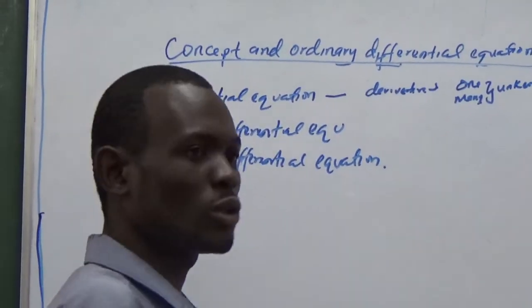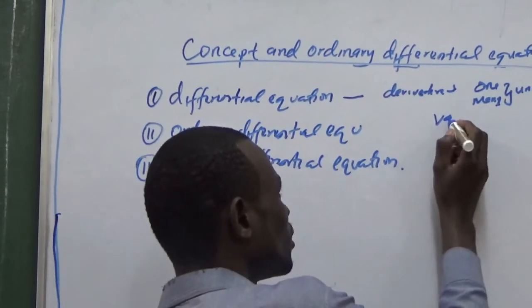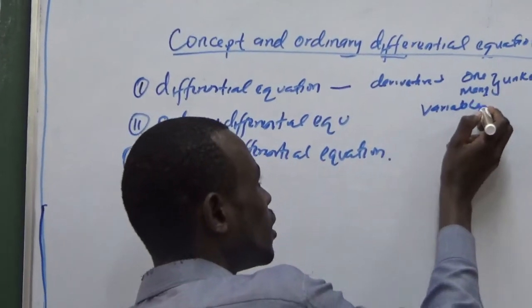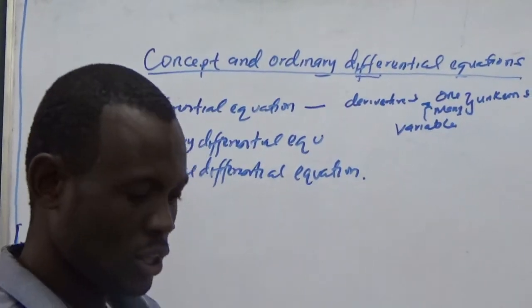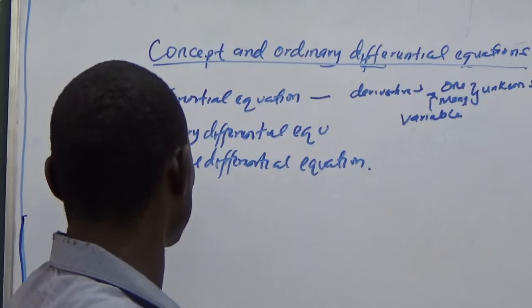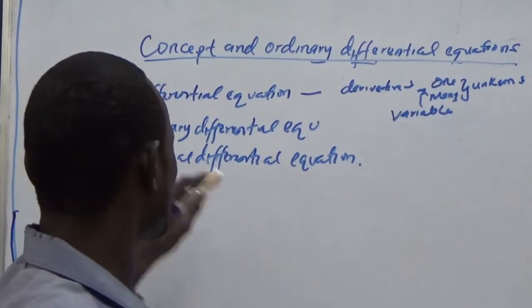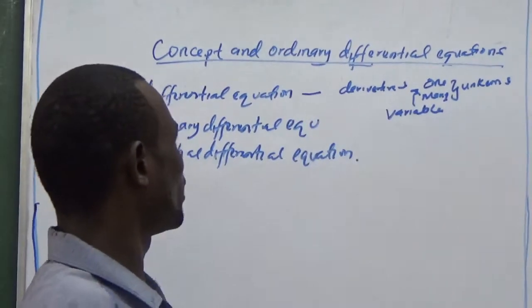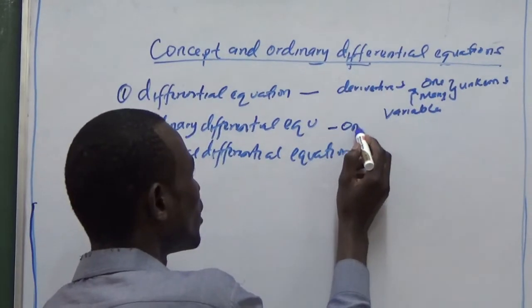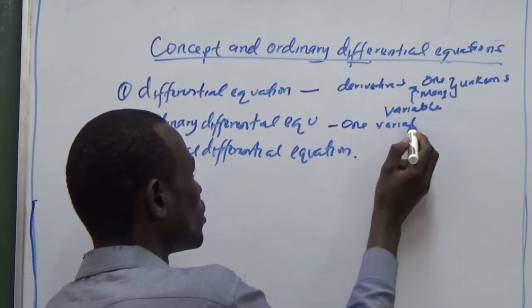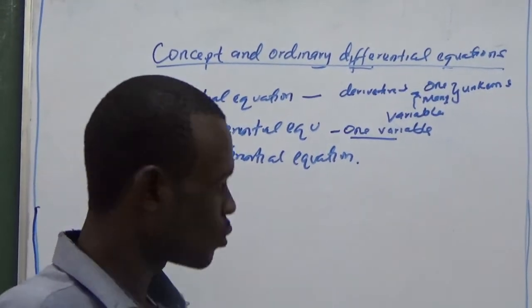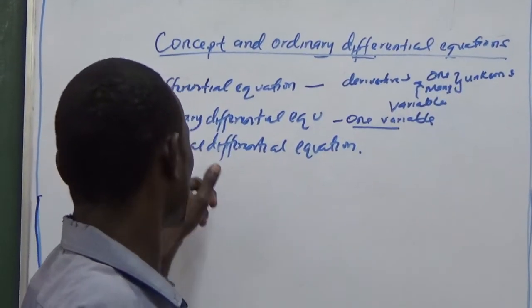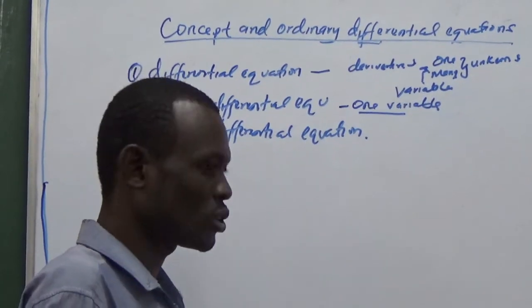They involve what we call variables. Variables are the ones that can be either one or more. So when we are told to define what are ordinary differential equations, these are simply derivatives involving only one variable. When a differential equation is involving only one variable, we say that type of equation is an ordinary differential equation.